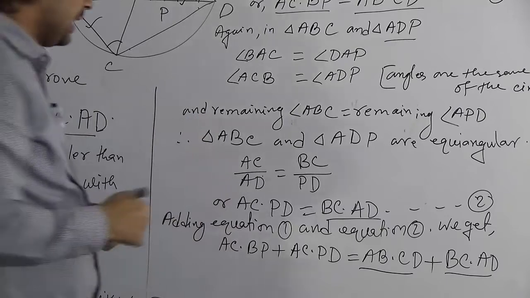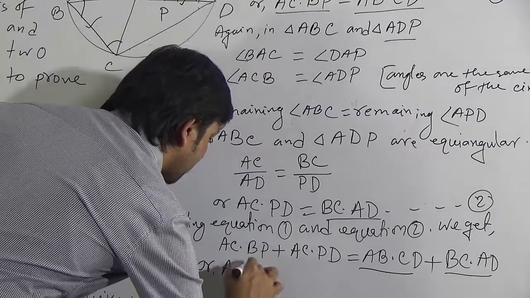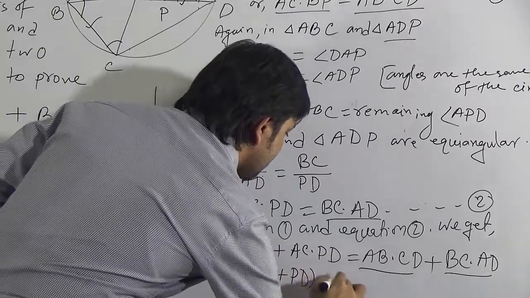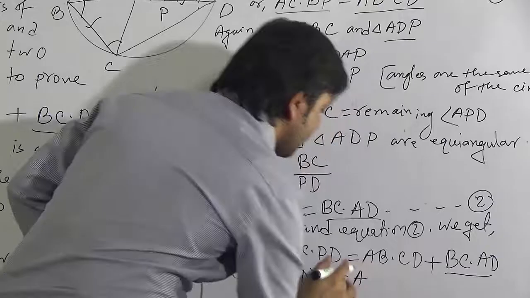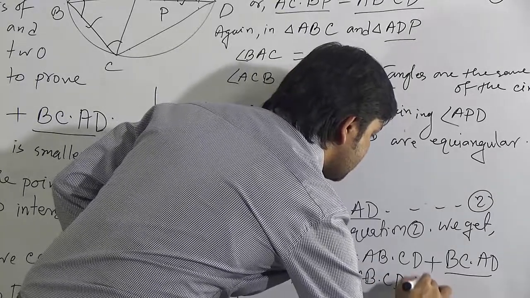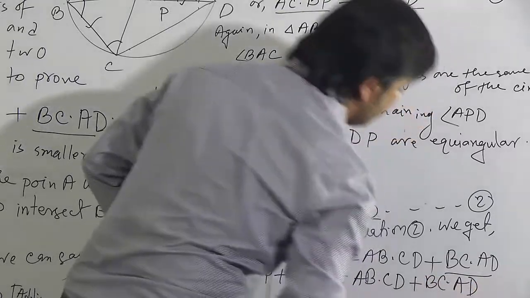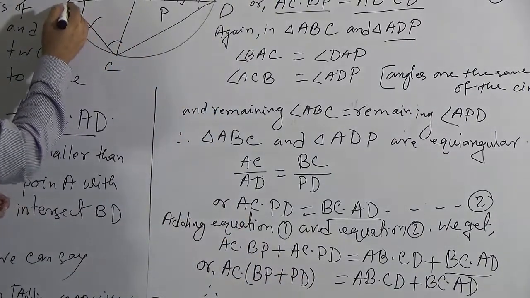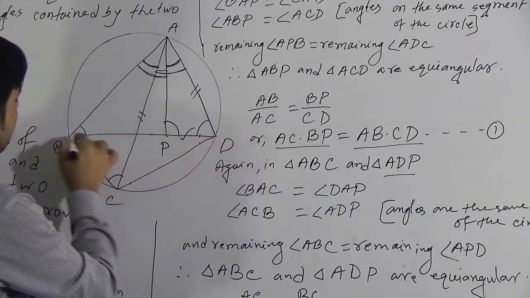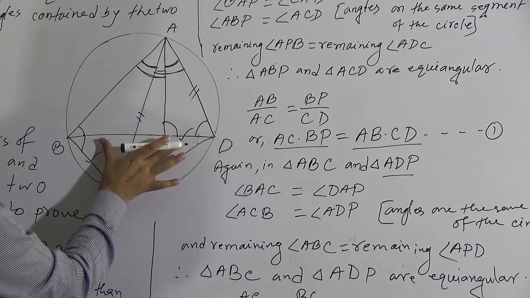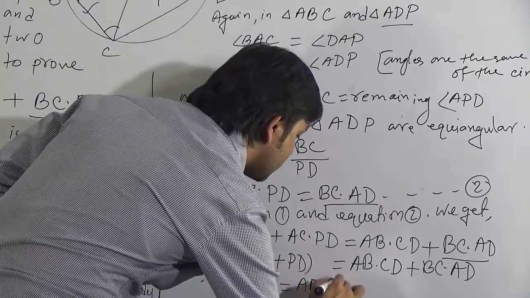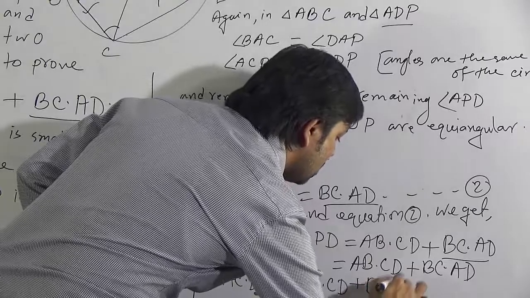Now we have to match the left side. To do that, we take AC as common, and we get BP plus PD, which is equal to AB into CD plus BC into AD.